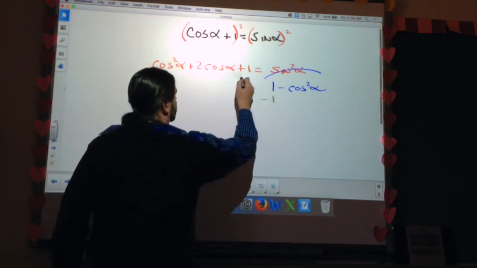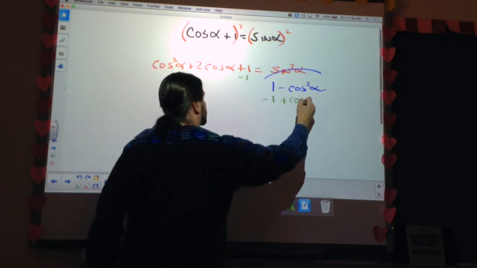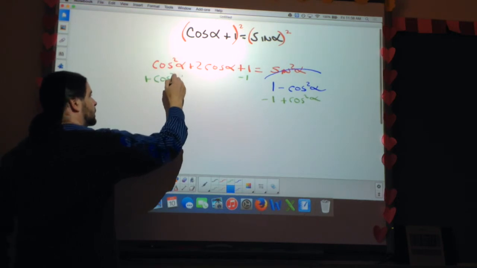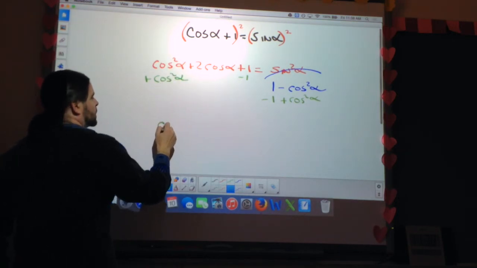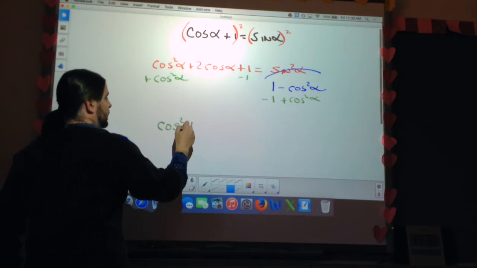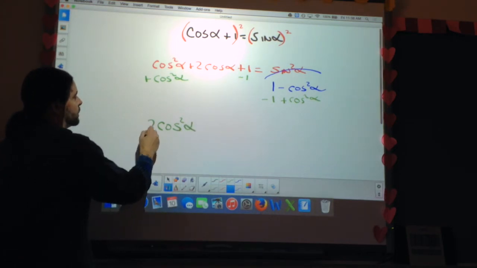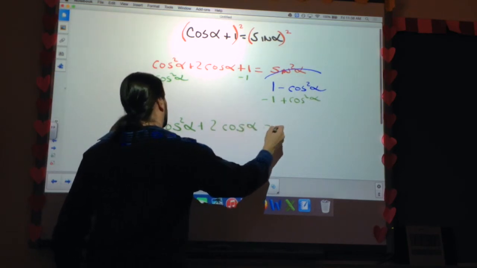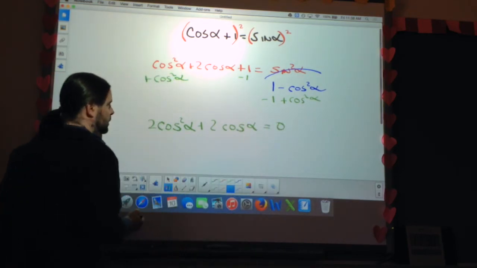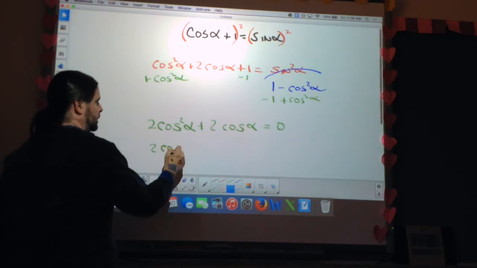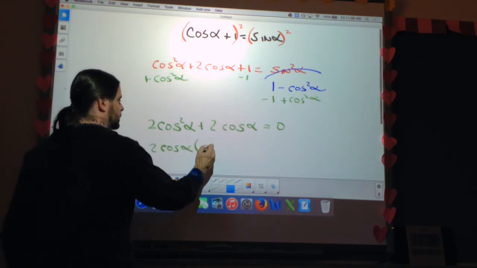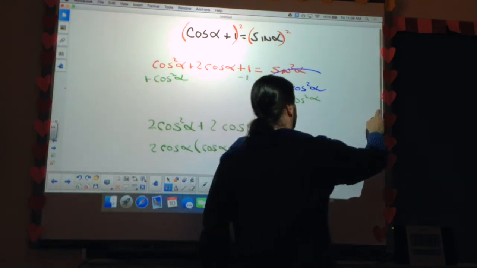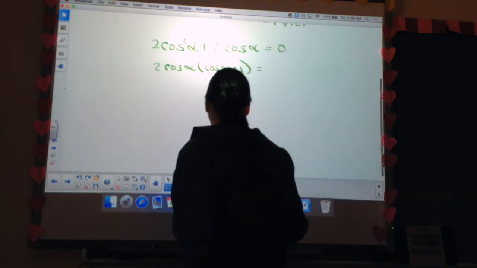I can subtract 1 from both sides and add cosine squared alpha to both sides. I do that, and all of a sudden this problem looks a lot like the last one. 2 cosine squared of alpha plus 2 cosine of alpha equals 0. I can factor the 2 cosine alpha out, and from there use the zero product property.